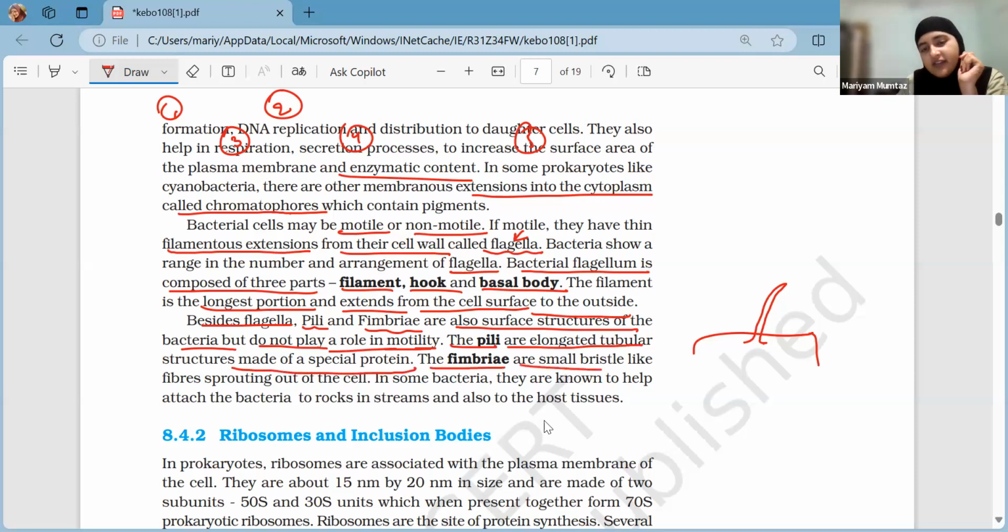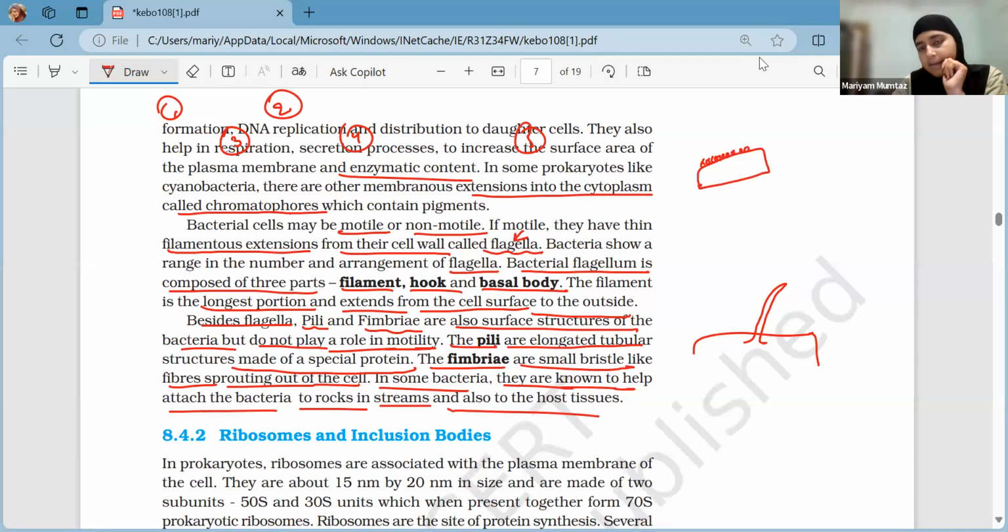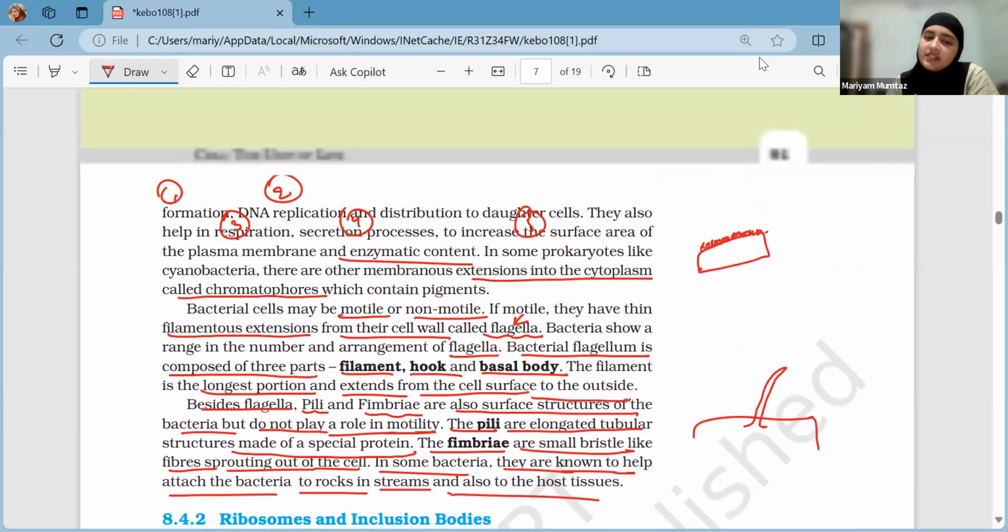The fimbriae are small bristle-like fibers sprouting out of the cell. In some bacteria, they help attach the bacteria to rocks in streams and also to host tissues. For example, if this is the cell of a bacterium, the bristles will be like this. This is fimbriae. It will help the bacteria to attach to any surface. This much is clear?